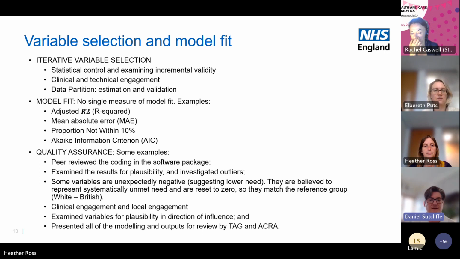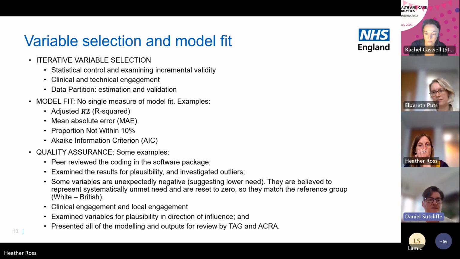So it's a very iterative process, usually involving maybe 24 or so iterations. 24 regression models need to be run, dropping variables at each step. But in addition to that very statistical approach, there's also clinical engagement to ensure that we're thinking through what the size of the coefficient is, what the direction of the coefficient is, getting clinical advice about what the most appropriate variables would be and what's the best way to formulate those variables and to test them within the model.